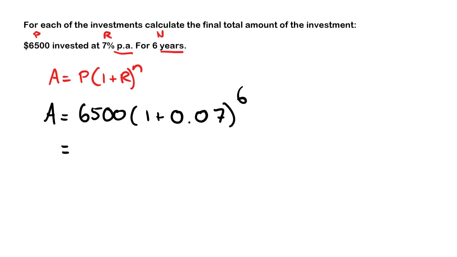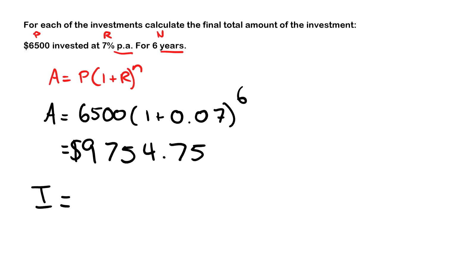Now we can just put it straight into the calculator, and we get 9,754 and 75 cents. That is how much the new value is worth. Now, if it did tell you to find how much interest it made, that's going to be my final minus the original.